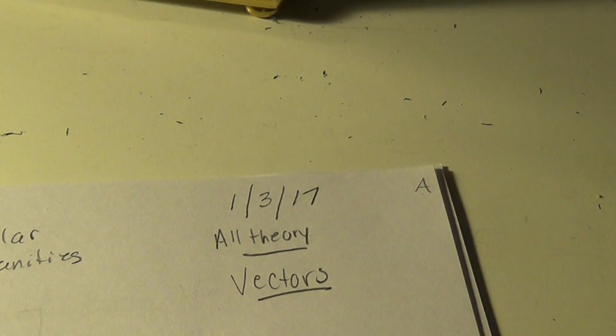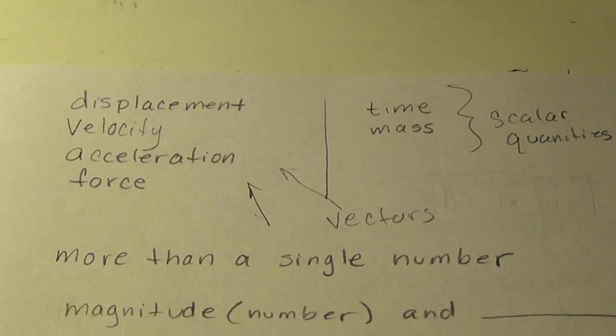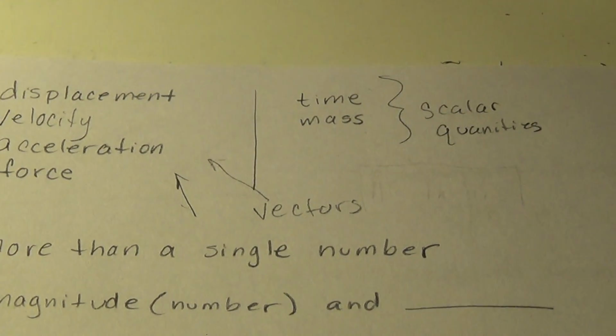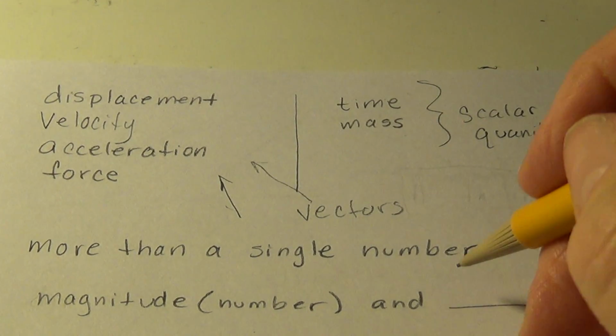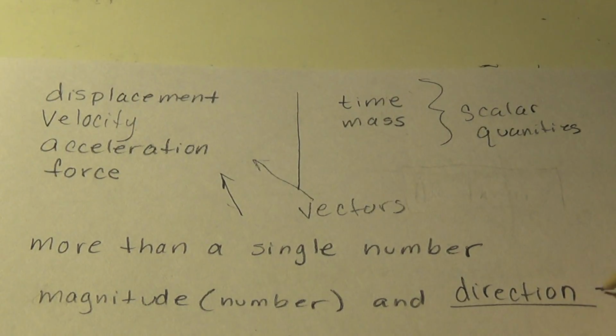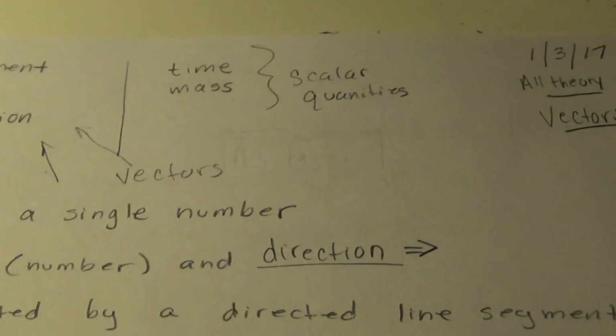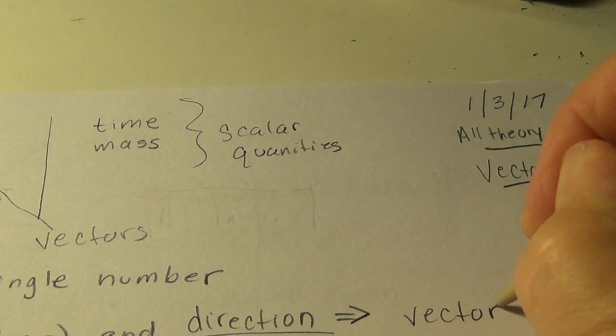Some of this will repeat from those in physics class. When you have the magnitude, which is what I call the number part, and direction, then you have a vector quantity. Vectors have both.